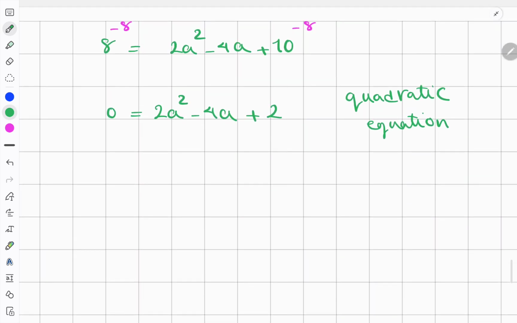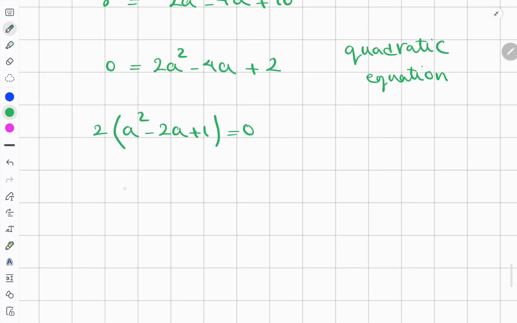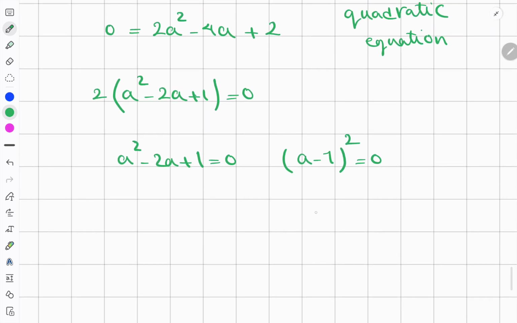There are different strategies to solve a quadratic equation. I'm going to use factorization. So first of all, factor out 2. A squared minus 2A plus 1 equals 0. And you can factor it as (A minus 1) squared equals 0. So A minus 1 is 0, and the answer for A is 1.